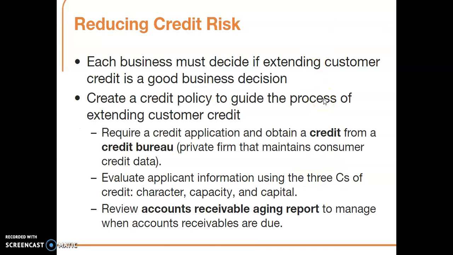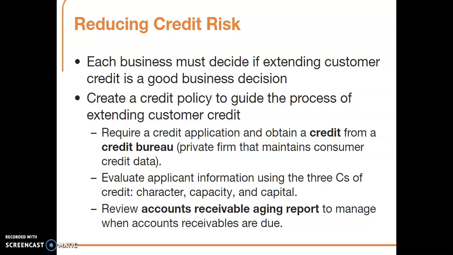However, there are ways that you can reduce your credit risk if you decide to extend credit to different companies. You can create a credit policy to guide the process of extending customer credit. A lot of people require a credit application and obtain a credit report from a credit bureau. A credit bureau is a private firm that maintains consumer credit.